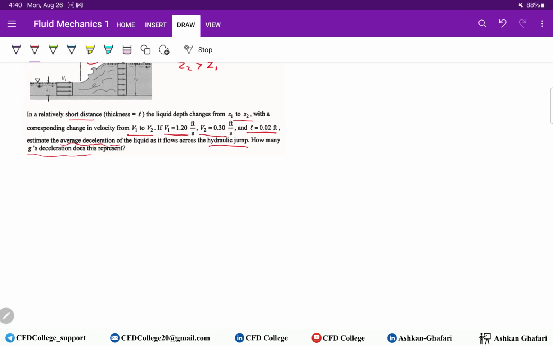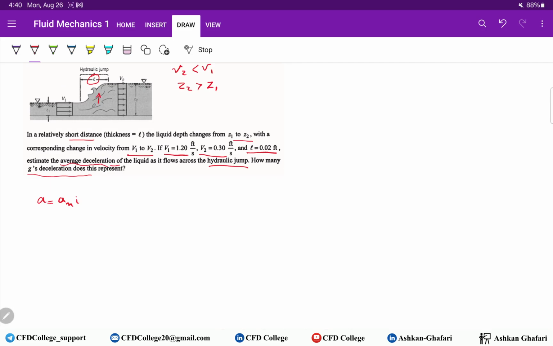As you know, A equals AX i, because we should neglect the velocity in y direction. We only have velocity in x direction. So A equals du over dt plus u du over dx plus v du over dy plus w du over dz.